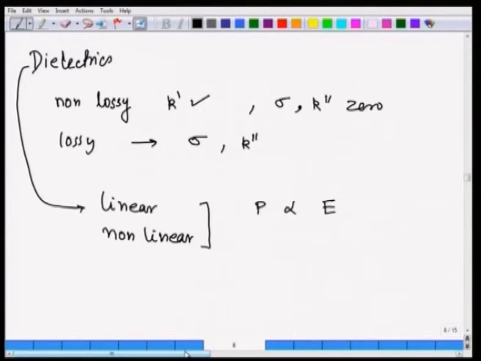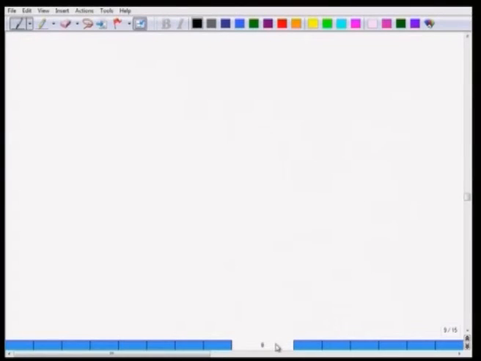If it is constant, then it is a linear dielectric, and if it is not, it depends on E itself, then it is a non-linear dielectric. What I am going to cover today is linear dielectric, and in the next lecture I will talk about non-linear dielectrics. So, with this, let us start looking at the mechanisms for polarization.